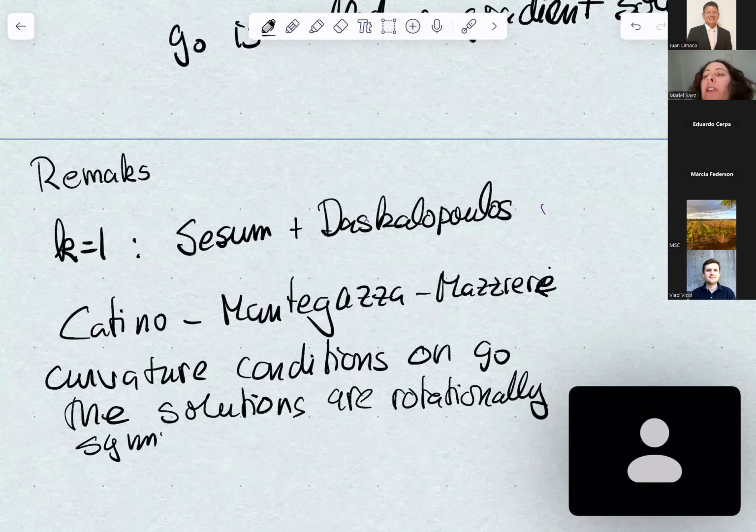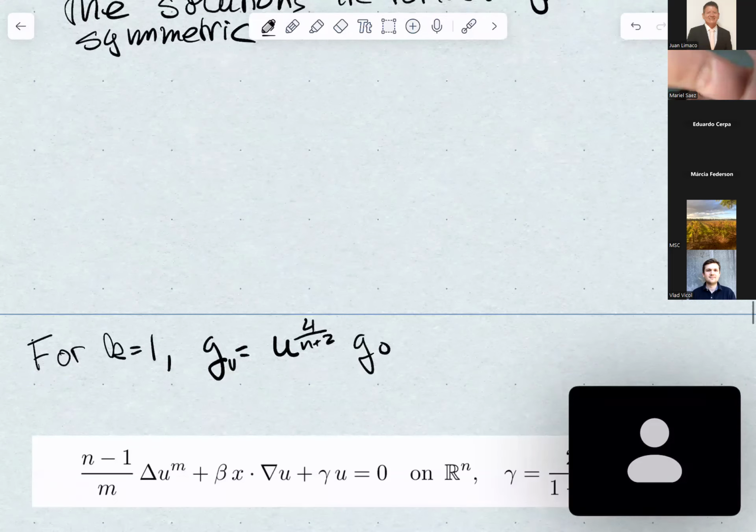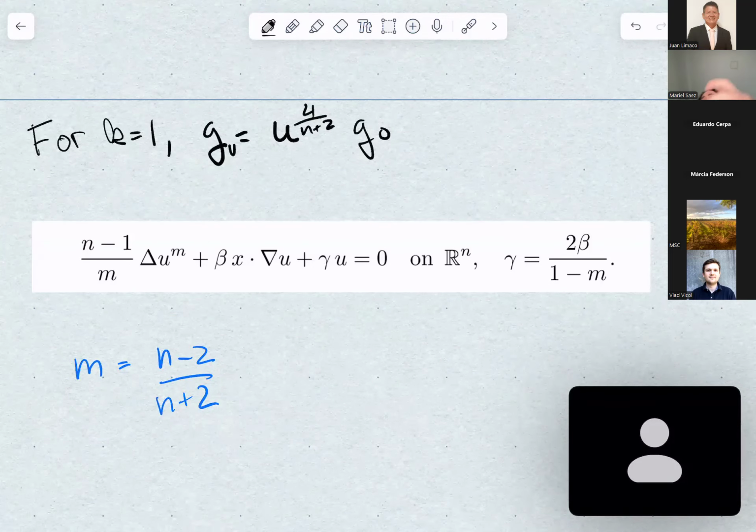And in the rotationally symmetric case, as I said, in the case k = 1, Natasha Sesum and Panagiota Daskalopoulos did a complete classification of those solutions. So the question is, okay, can we do this for general k, and what can we say about that, given that we have a more nonlinear problem and more restrictions on what can be an admissible solution?